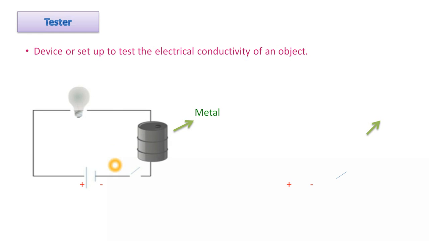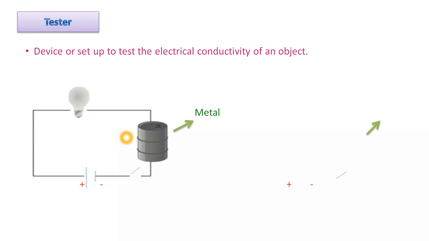So what do we do? You switch it on. As soon as you switch it on, if this object is a good conductor, it will allow current to pass through it, right? Then in this complete circuit, current should be flowing and the bulb should glow. So here, what do you see? The bulb glows as soon as we switch it on.